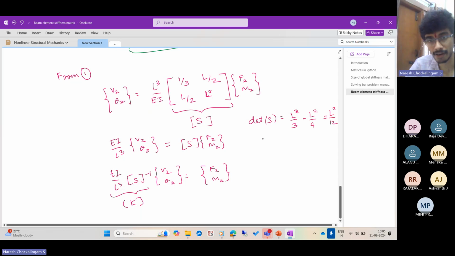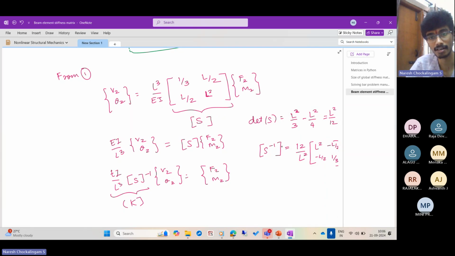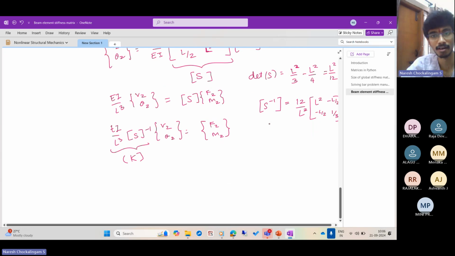So S inverse is 1 by 12 by L square into L square, minus L by 2, minus L by 2, 1 by 3. Yes, perfect. You swap the diagonal entries and multiply the off-diagonal entries by minus 1. So that gives the inverse of a 2 cross 2 square matrix.